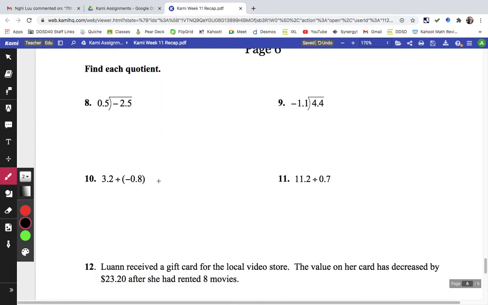All right, page 6. We're going to rewrite this problem like this. Move the decimal point over right there. This is negative, so this goes in here 5 times. So the answer is negative 5. We're going to multiply both of these by 10.